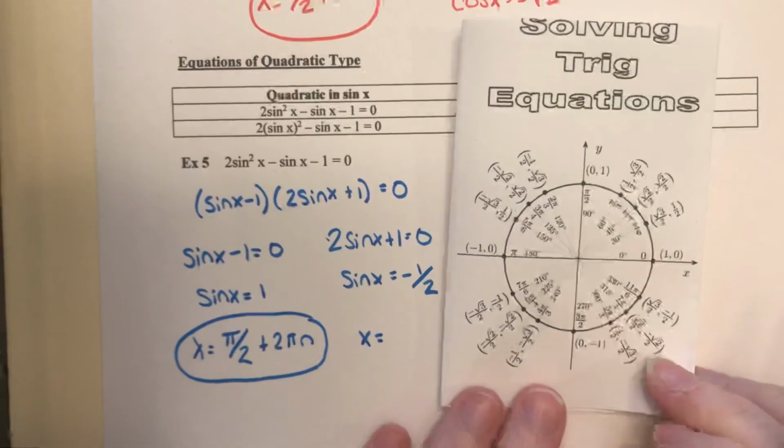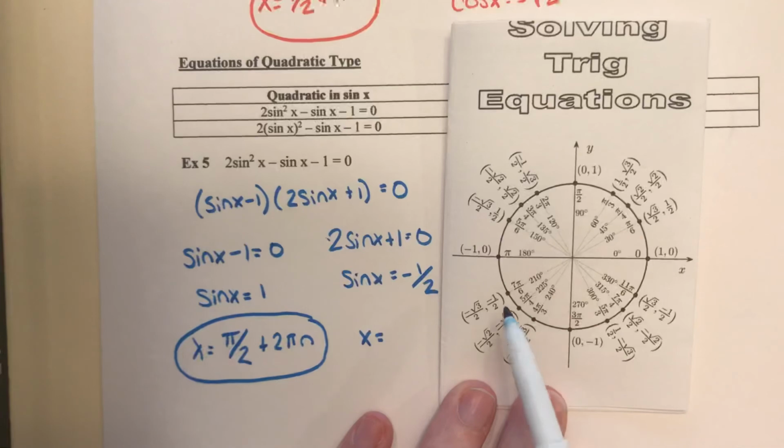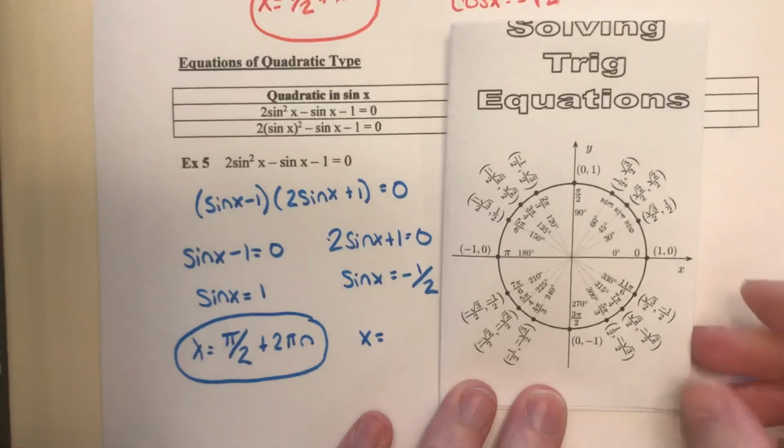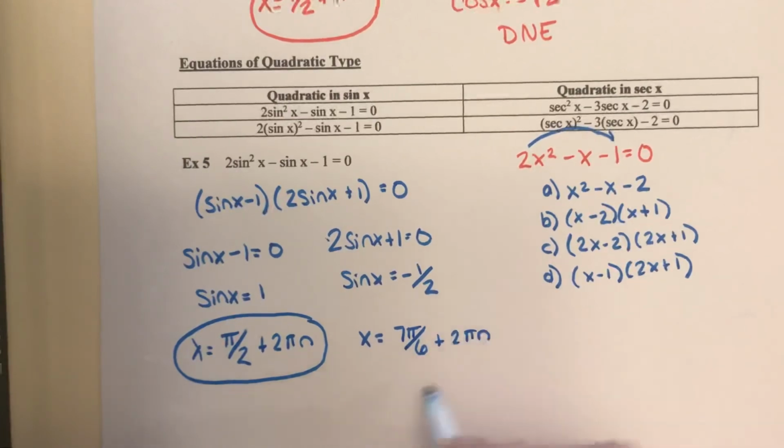Looking at my unit circle, sine is the y. Sine would equal negative 1/2 at 7 pi over 6 and also at 11 pi over 6. So I'm going to write those down as well: 7 pi over 6 plus 2 pi n and 11 pi over 6 plus 2 pi n.